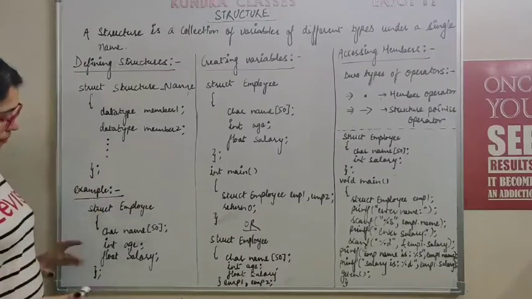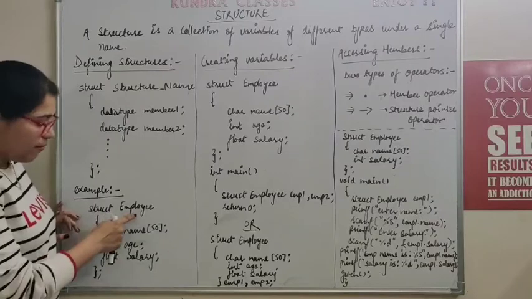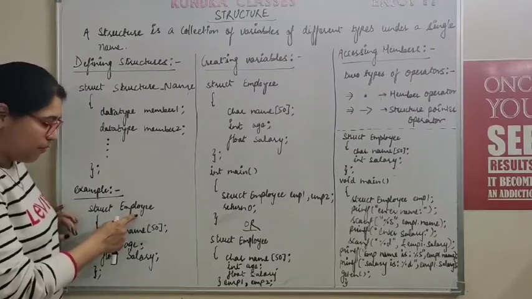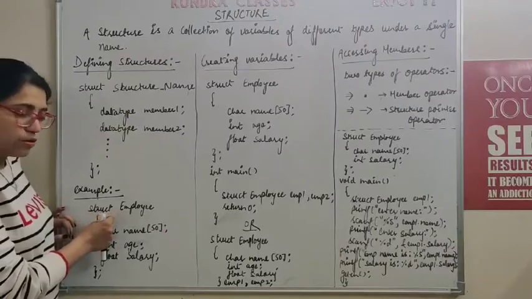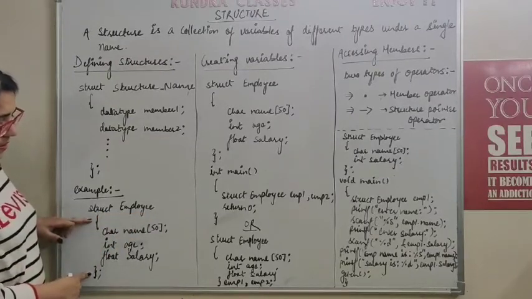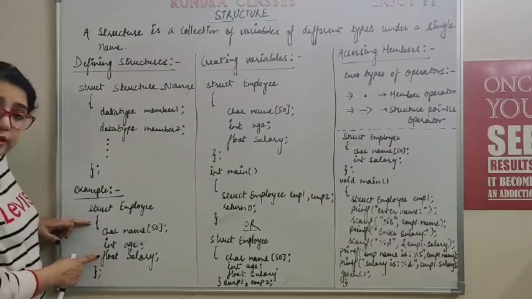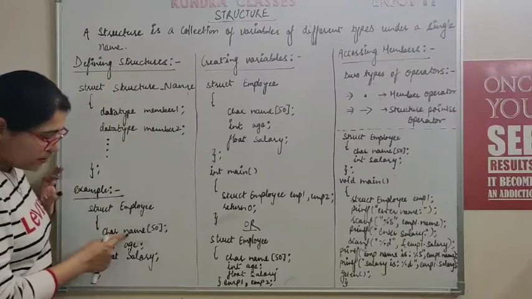For example, if I'm taking one example, struct employee, I've given the name of the structure as employee. So struct is the keyword used to create structure, then employee. And inside the curly braces, I have taken three members.